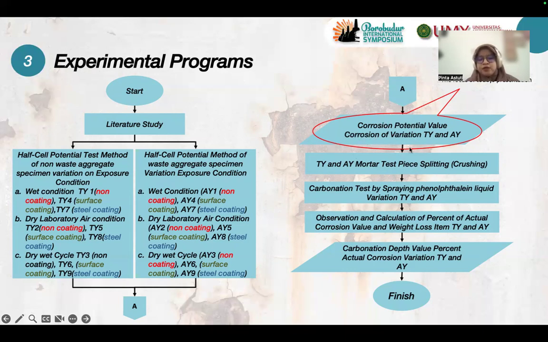After that, we continue with other experimental programs, for example crushing the specimen and then conducting the carbonation test. Also, of course, we observe and calculate the actual corrosion value and weight loss of the steel bar, and then analysis and discussion of the test results, and finish.